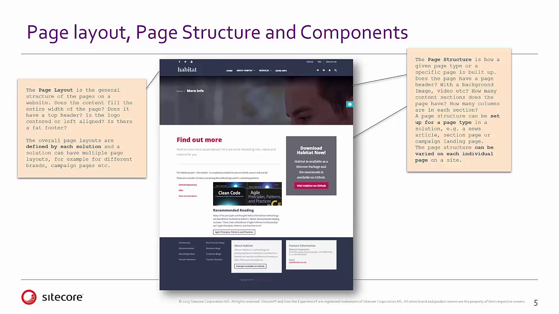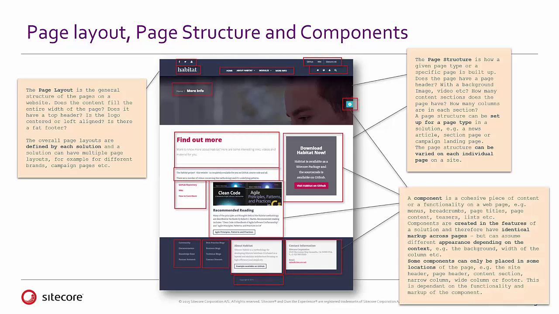How are the sections on the content page? We'll get back to how that's structured. But we can also vary the page structure for each specific page. If we've got a specific article and want to emphasize something with even more data, maybe have more related information, we can add another section to the content area of that specific page.